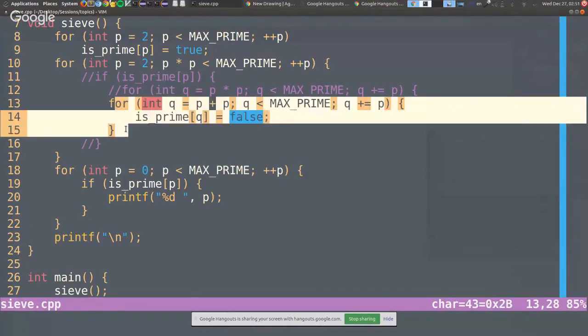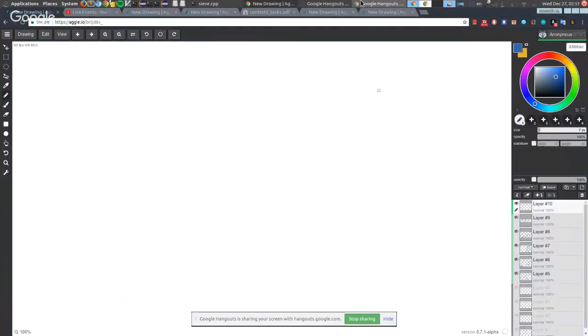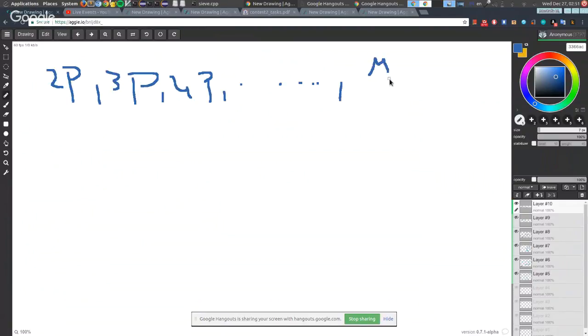this inner loop makes like max prime over p steps. As you can see, we go p, 3p, 4p, and so on, until n over p.